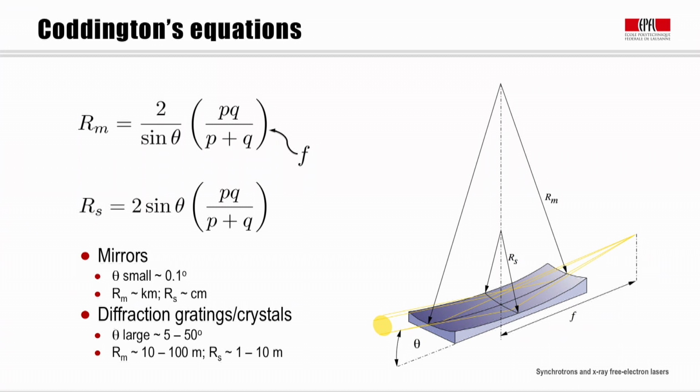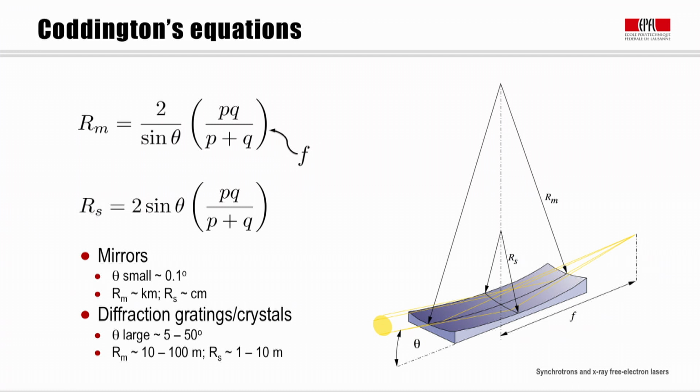Rm thus focuses in the transverse plane perpendicular to the bending plane, which in the case shown here is the vertical direction. Rs is the sagittal bending radius required to focus in the direction perpendicular to the meridional focusing, in this case horizontally.